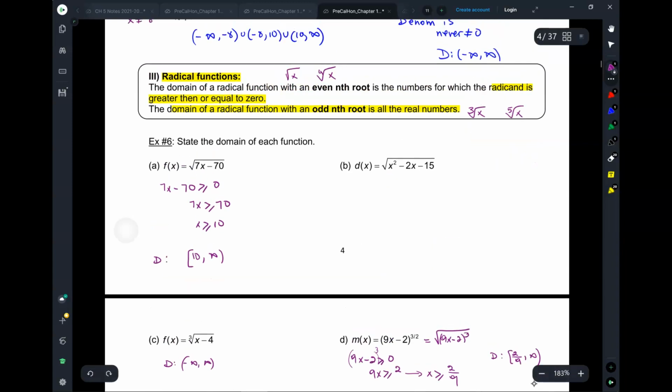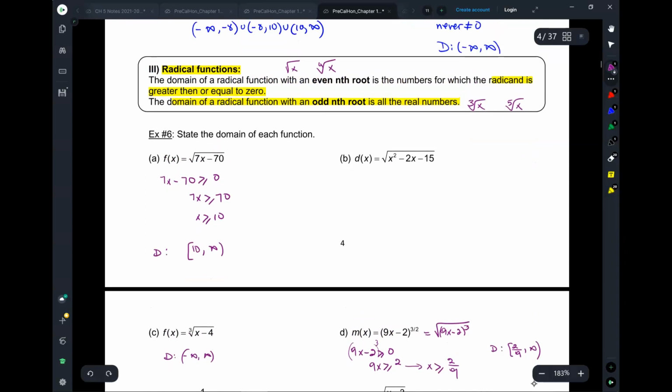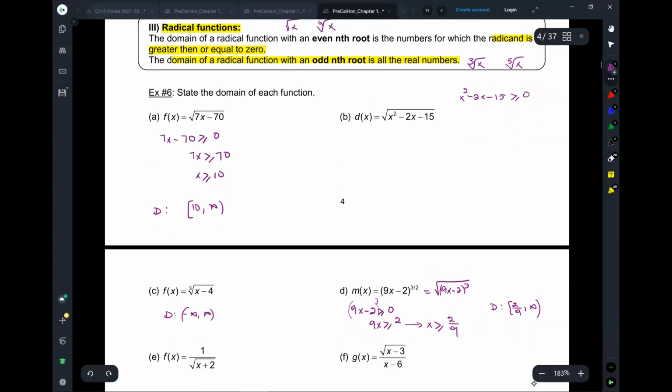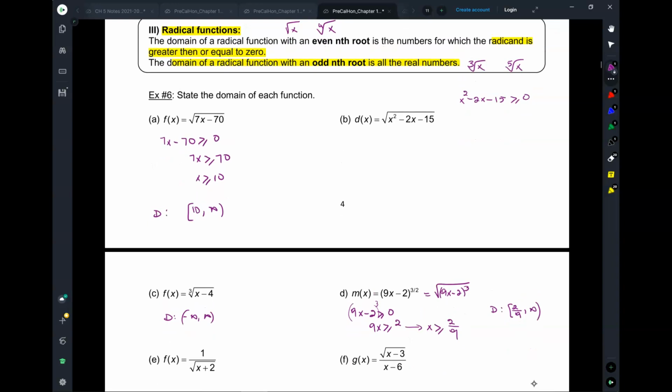Okay, let's go back to this one. We want the integrand to be greater than or equal to 0. You know what the difference is between this and the other two?